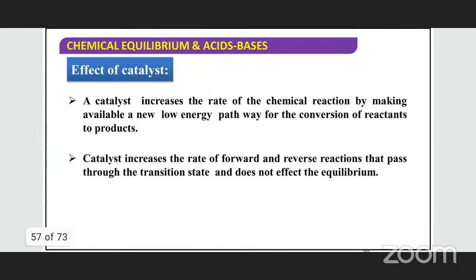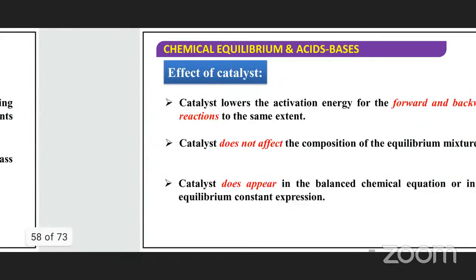Effect of catalyst. A catalyst increases the rate of a chemical reaction by making available a new low energy pathway for the conversion of reactant to product. A catalyst increases the rate of the forward reaction and reverse reaction that pass through the transition state and does not affect the equilibrium.